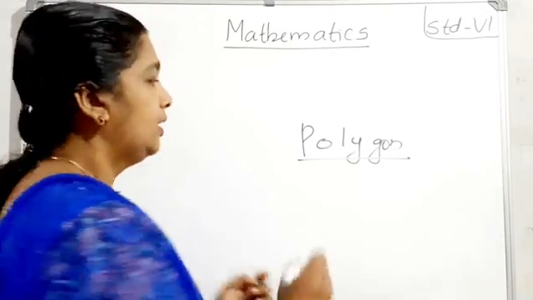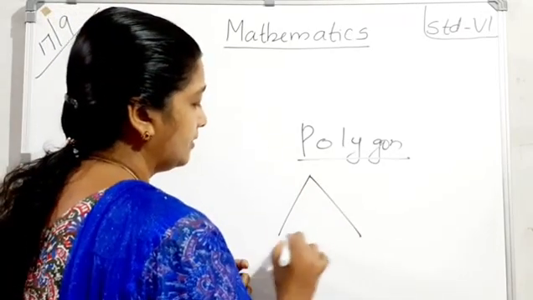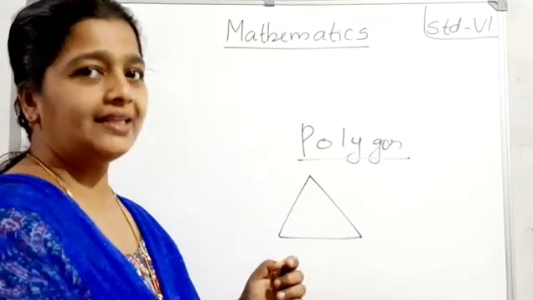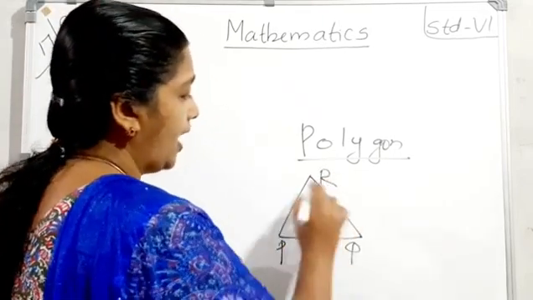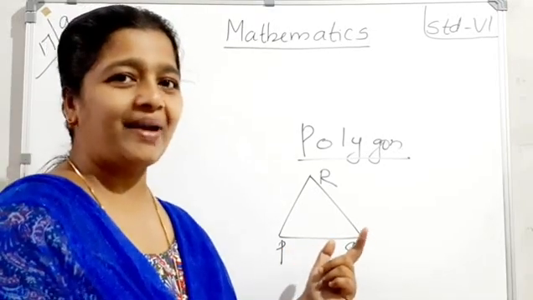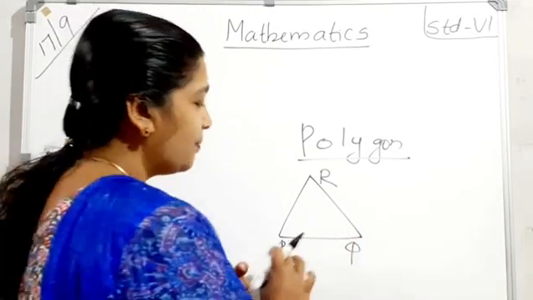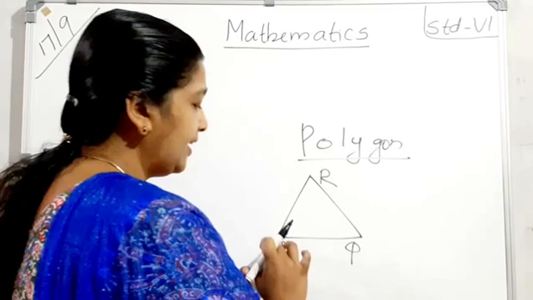Yes. So, in a triangle PQR, say the sides. The line segments are the sides, that is PQ, QR and RP.